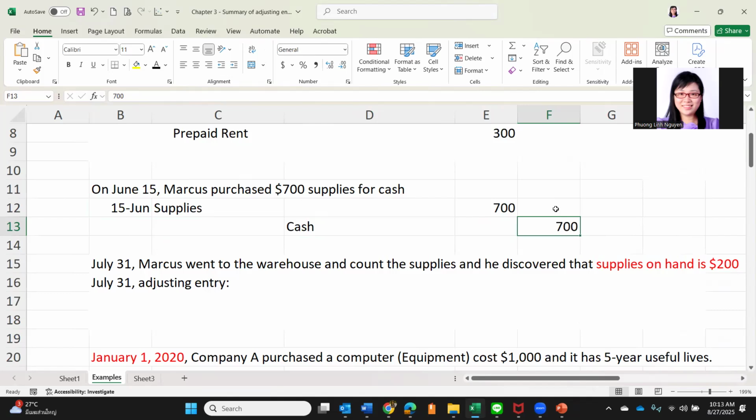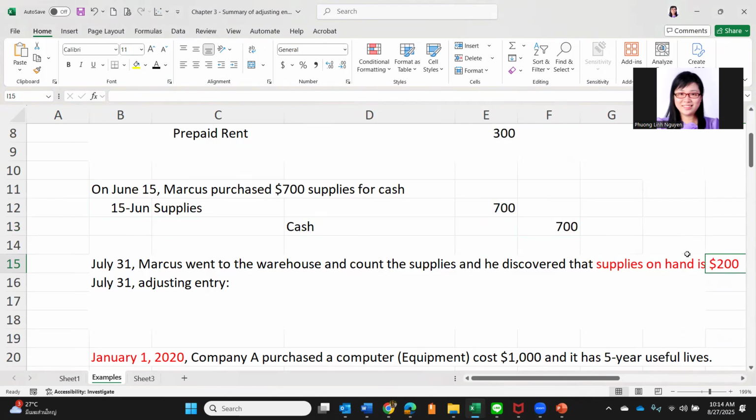So on July 31, Marcus went to the warehouse. He counted the supplies and found that we only have 200 left. How much supplies did we already use from July 15 to July 31?